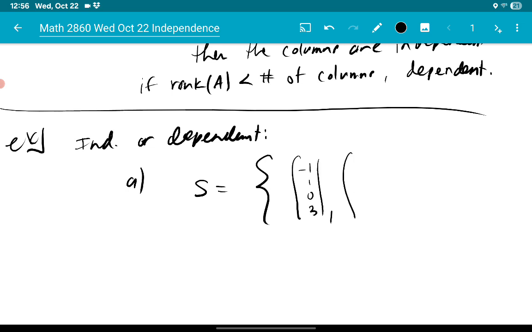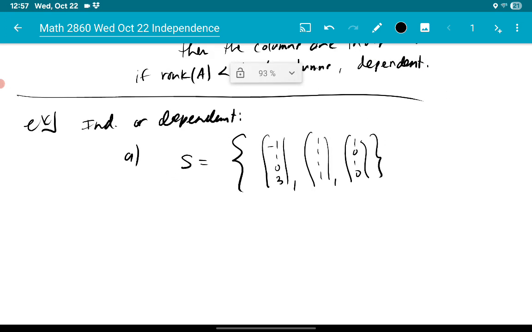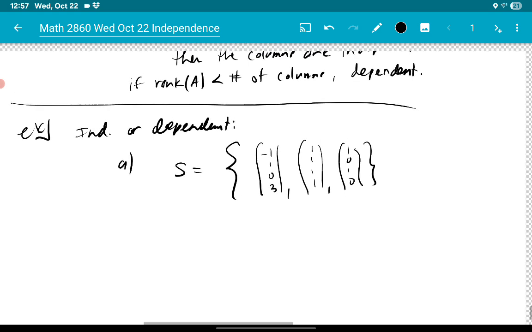The second vector is 1, 1, 1, 1, and the third vector is 1, 0, 1, 0. Okay, so to determine if they're independent or dependent, instead of dealing with the K's and everything we just did, let's just follow the technique that I just mentioned.